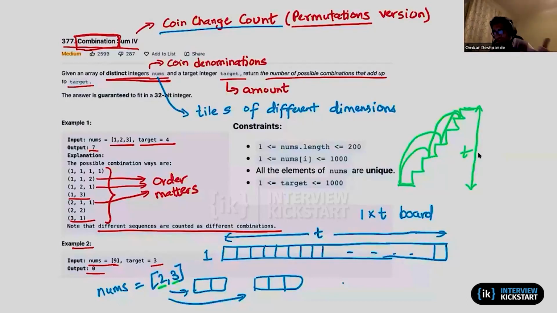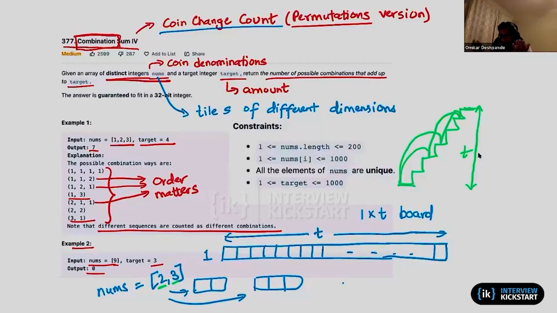Given an array of distinct direct jump sizes and a target number of steps that have to be climbed, return the number of unique paths that take you from the bottom to the top, taking those many steps. So clearly order matters in all of these problems.